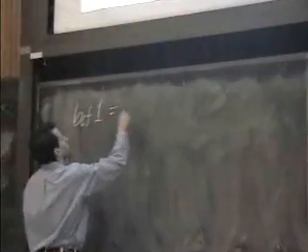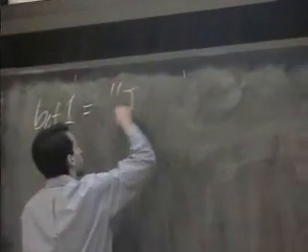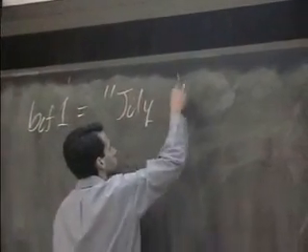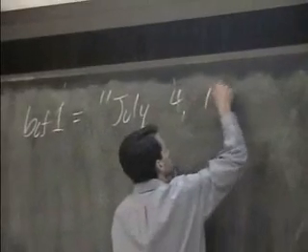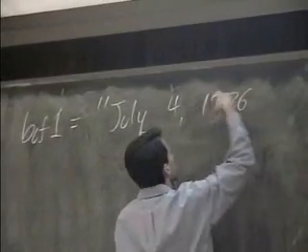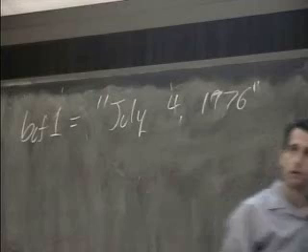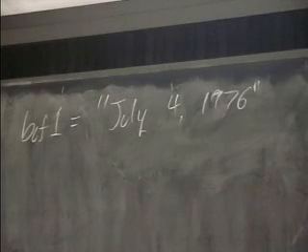So now buffer1, which I'm just going to write up as buff1. That's what buff1 is. It's a string that was just entered by the user.